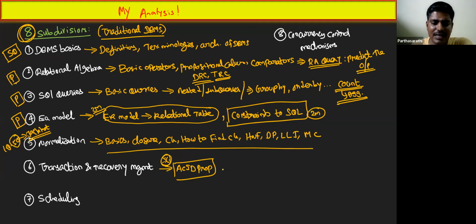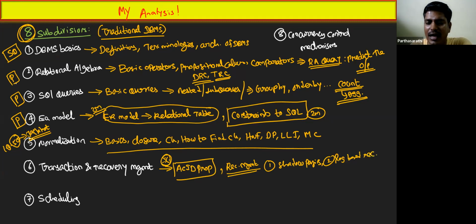Then with respect to recovery management, you have to concentrate on 4 topics, that is, different types of recovery management: shadow paging, log based recovery, and checkpointing. Predominantly they concentrate on checkpointing, so you can expect a question from checkpointing, 2 marks guaranteed.